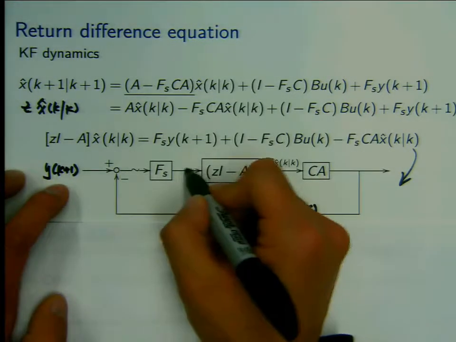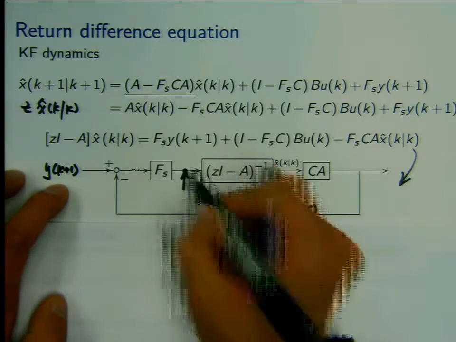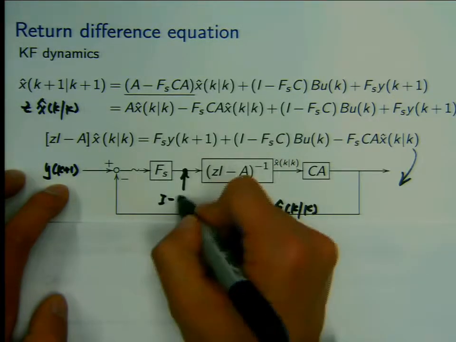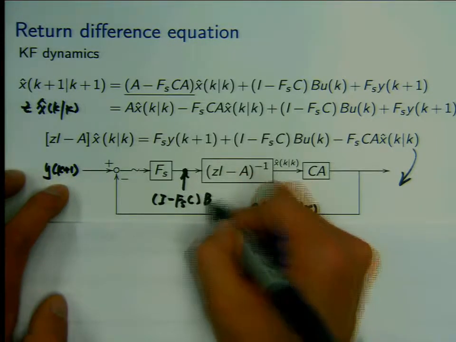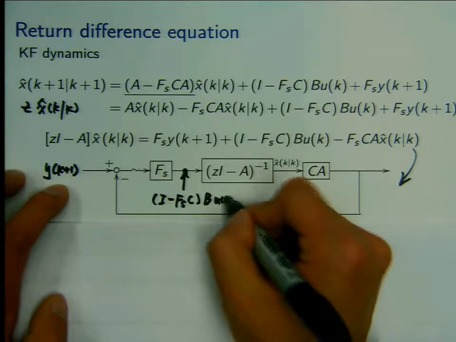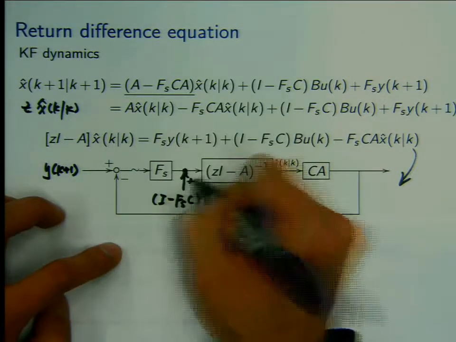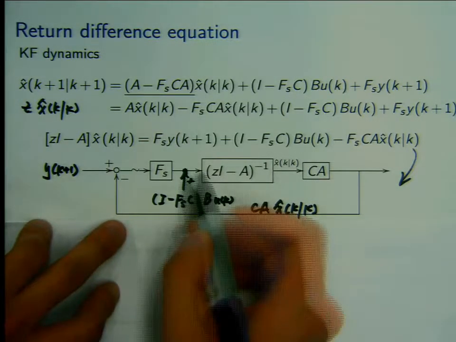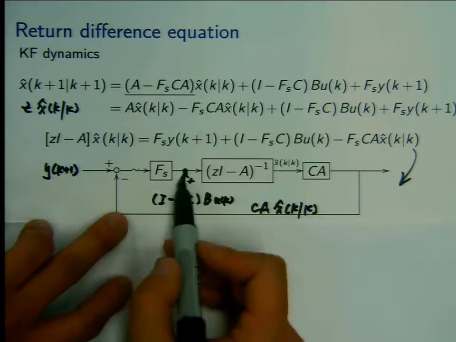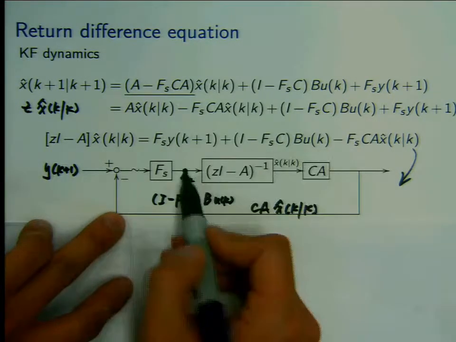Then another term, which is, let me put it here, I minus Fs C times B u_k, plus. Then here, you see, I have expressed this signal as the summation of these three terms.